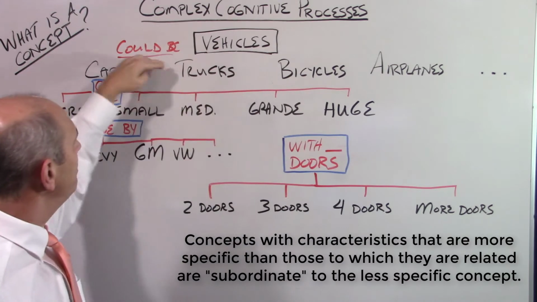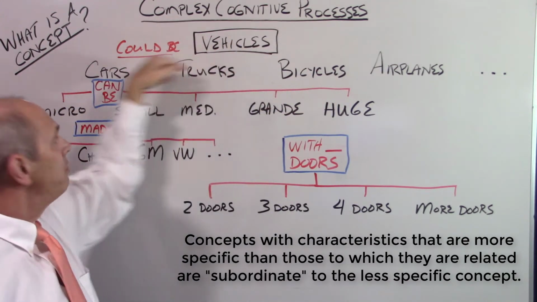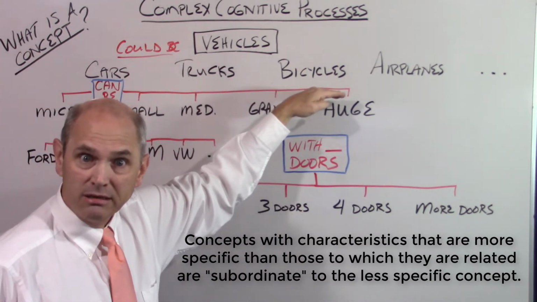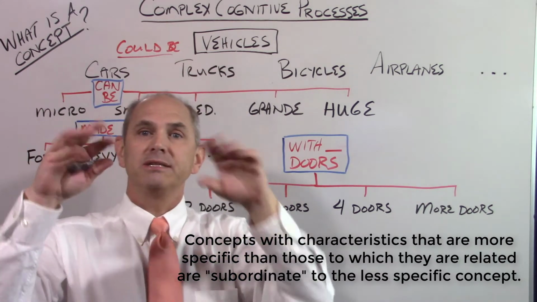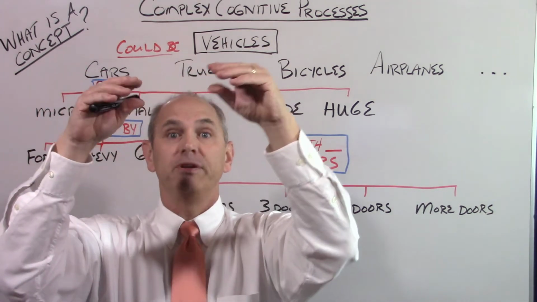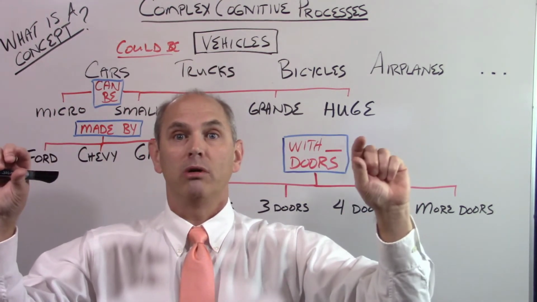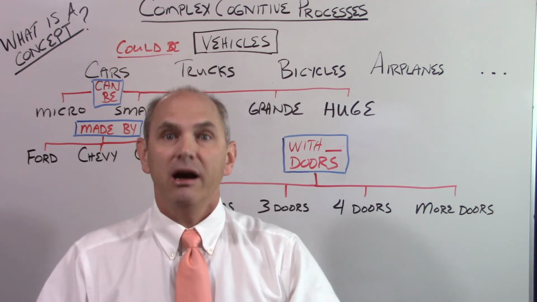But these, in relation to vehicles, these cars, trucks, bicycles, airplanes, these are subordinate to vehicles. So if something is above, it's called super. If it's below, it's called sub. If it's beside, it's called coordinate. Those are all, that's how we organize our concepts.